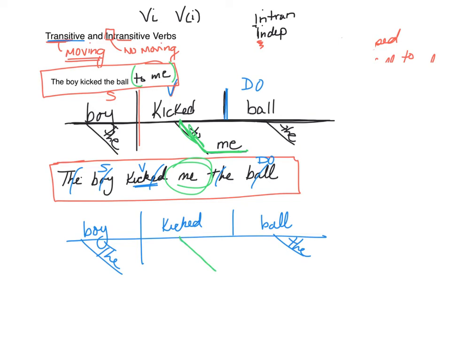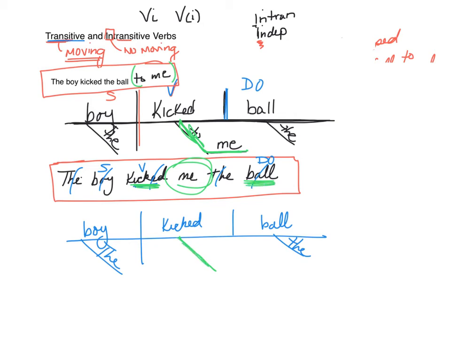But there's a problem. Me is not directly being affected by the kicking. You aren't kicking me. It's an indirect relationship. Me is related to kicked only because it's the direction of the ball. So it's indirectly related.